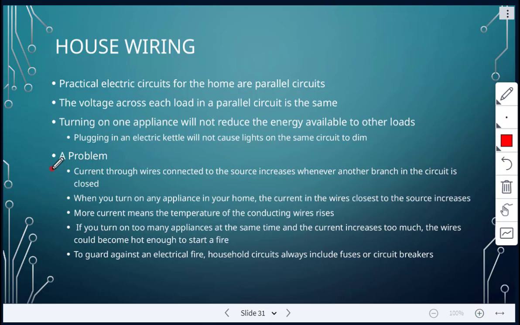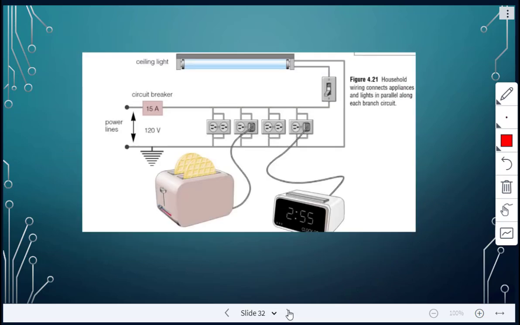So usually there are fuses and circuit breakers put in place, and those will help prevent an electrical fire. Household wiring connects appliances and lights in parallel along each circuit branch. This is all shown in parallel here.